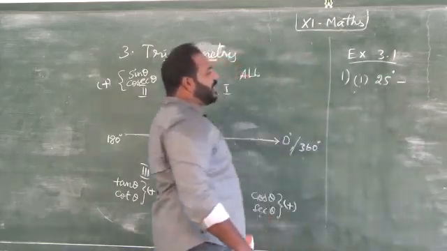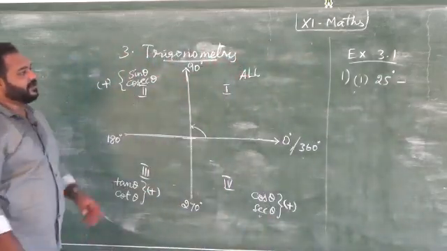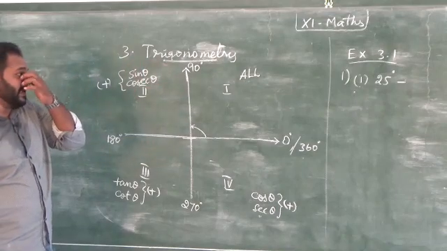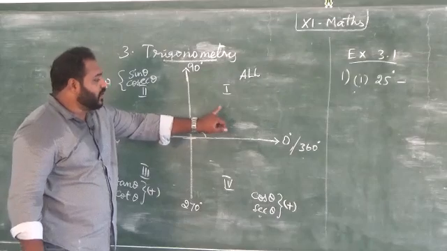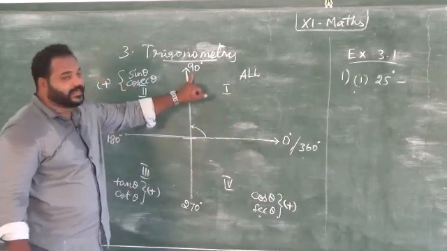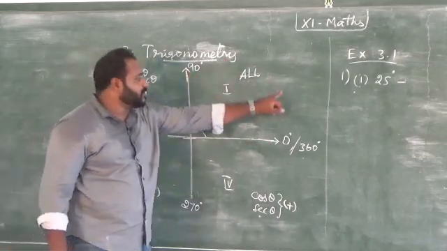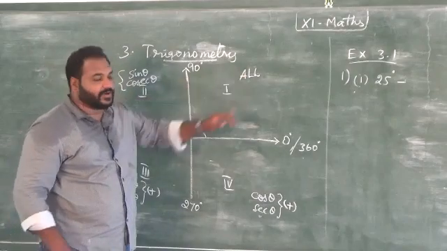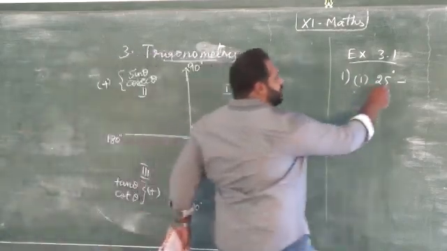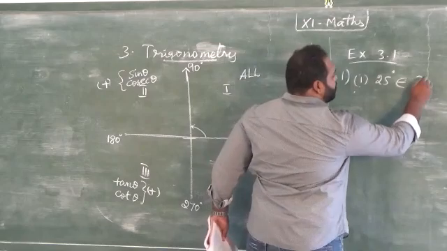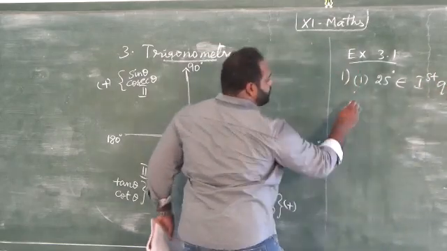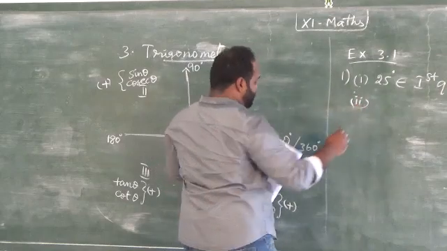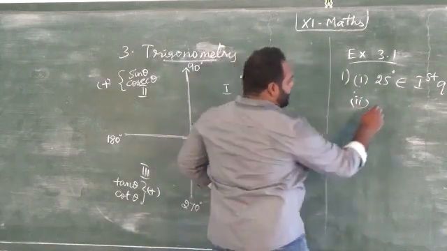Here they are asking to identify the quadrant for the given measurement. Where does 25 degree occur? In the first quadrant, because values between 0 and 90 degree occur in the first quadrant. So definitely 25 degree belongs to the first quadrant.